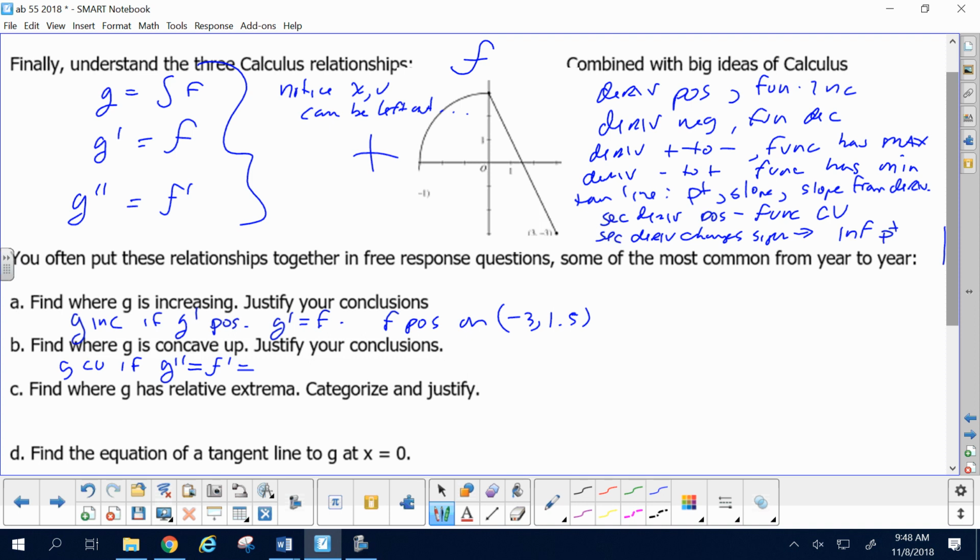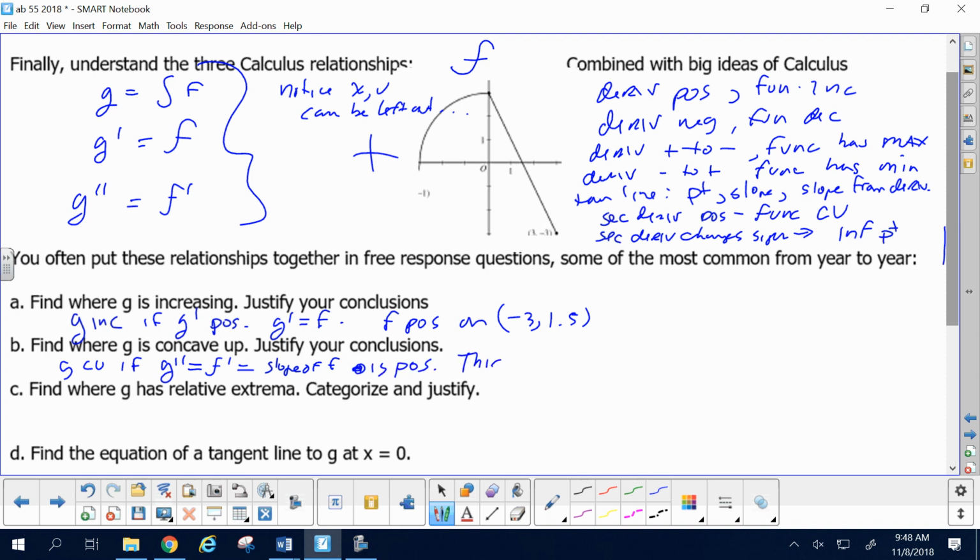F prime represents the derivative of F, but what does F prime graphically represent for the graph of F? Slope. There you go. Okay? This actually has two levels of connections. G is concave up if G double prime, which equals F prime, which equals slope of F, is positive.